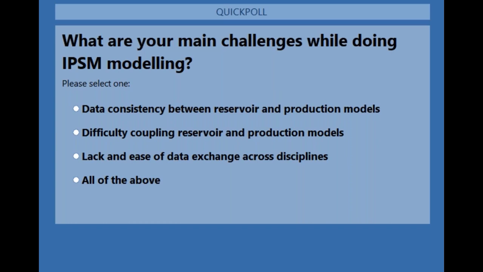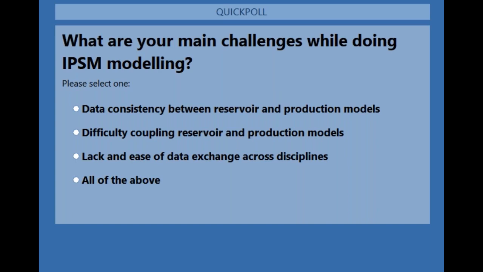Around 18% of the people who responded believe that data consistency between reservoir and production models are an issue. Around 20% says coupling is difficult between reservoir and production modeling tools. 15% around say lack and ease of data exchange, and majority say it's all of the above. And I agree.